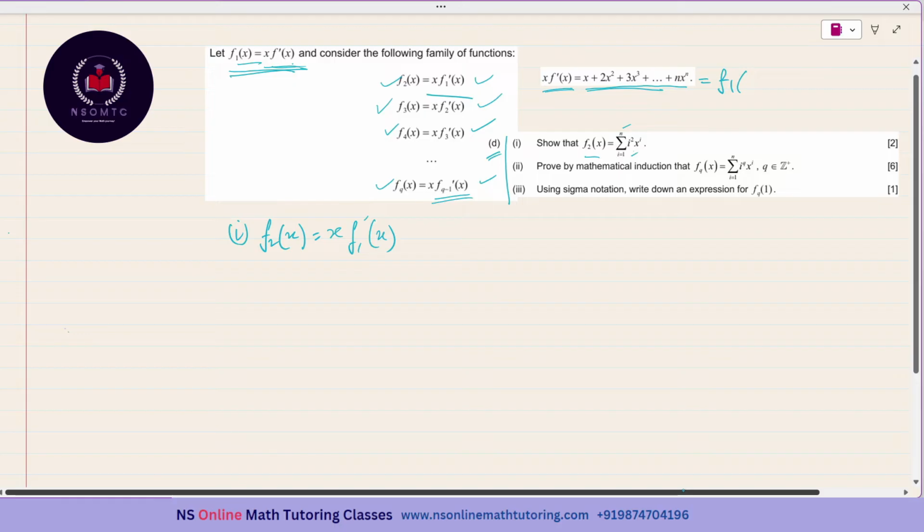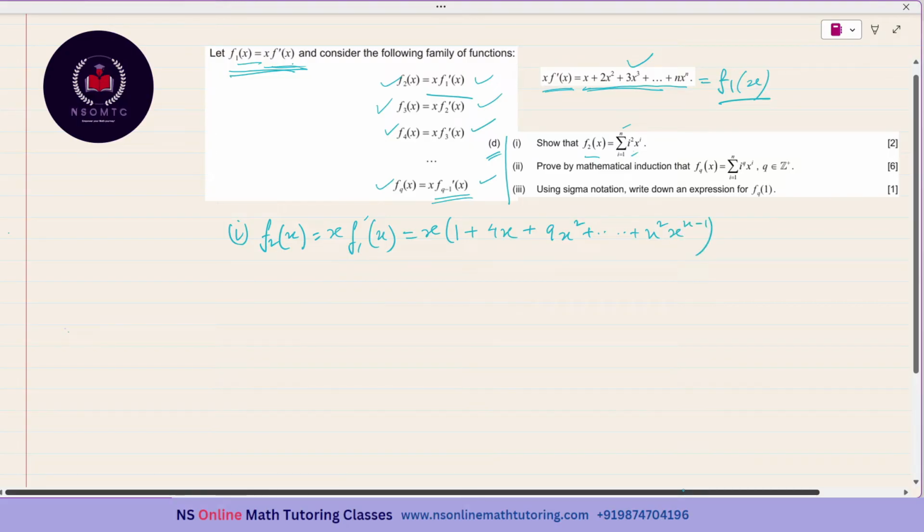And f1 of x is this, so we have to differentiate this. So this is x times derivative of x, which is 1. Derivative of 2x squared is 2 times 2 is 4, so it is 4x. Derivative of 3x cubed is 3 times 3 is 9x squared. And so on. This will be the last term, n times n, that is n squared, and x raised to the power of n minus 1.